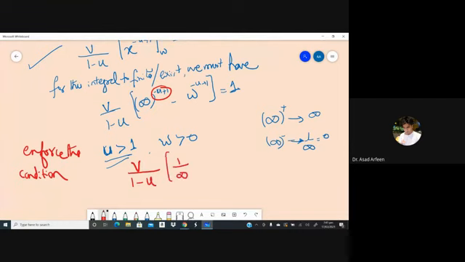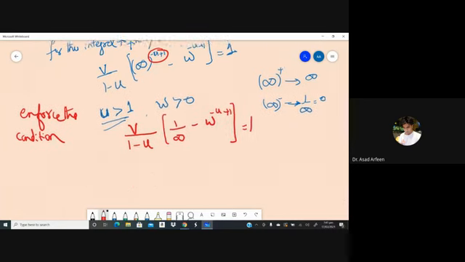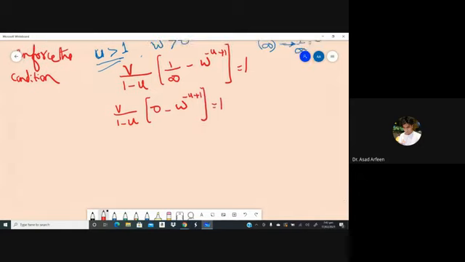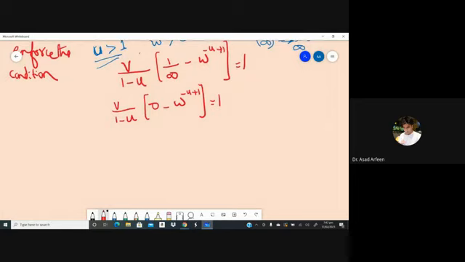And then minus w, minus u plus 1 is equal to 1. So in this case, now we can proceed. V over 1 minus u, this thing will be 0, and then minus w to the power of 1 is equal to 1. And then further we can simplify.